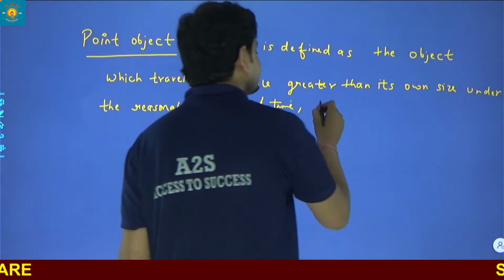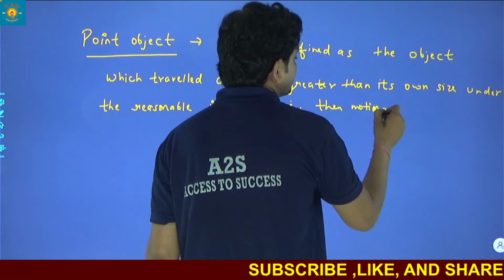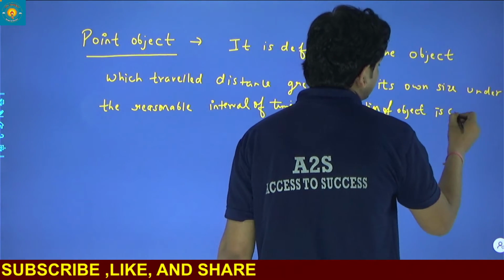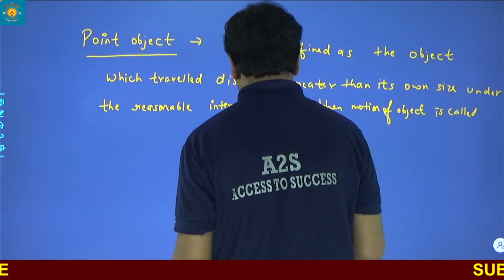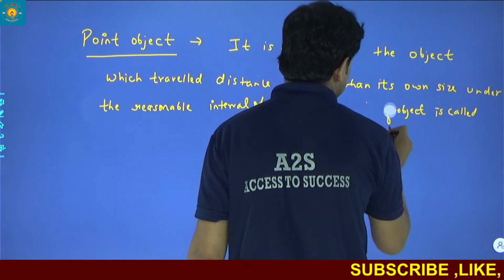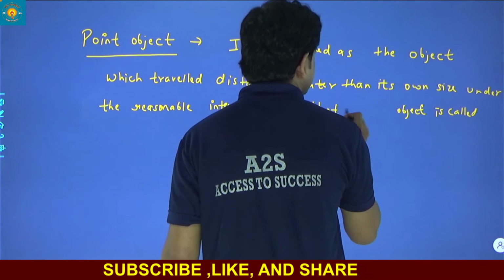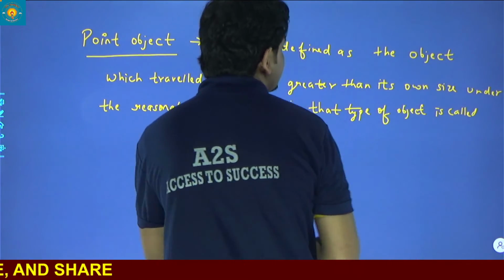Then that type of object is called a point object.